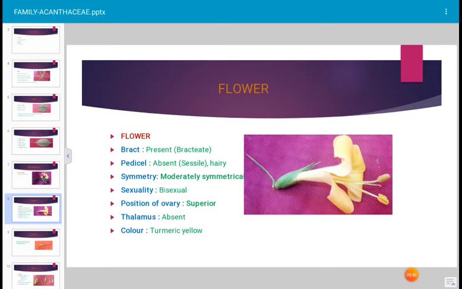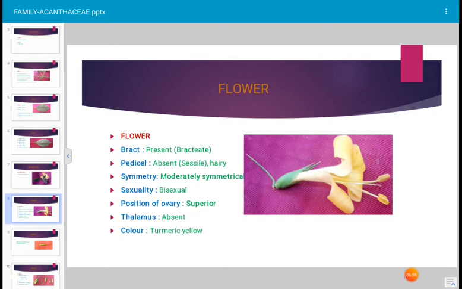When such a small leafy structure occurs at the base of the leaf, that is called a stipule. And when the same or somewhat different shaped small leafy structure occurs at the base of the flower, it is called a bract, and the flower is described as a bracteate flower.